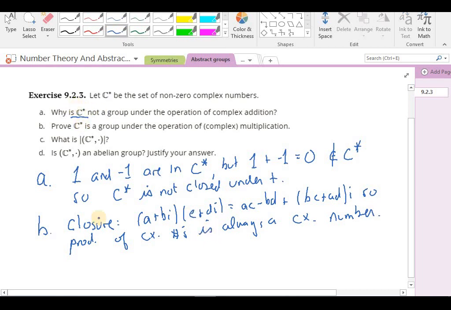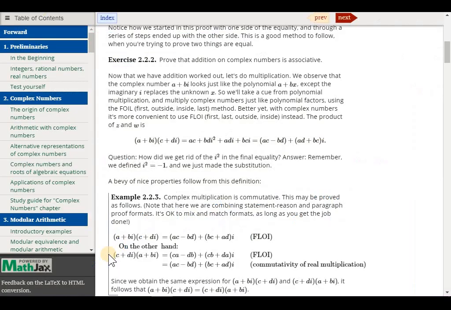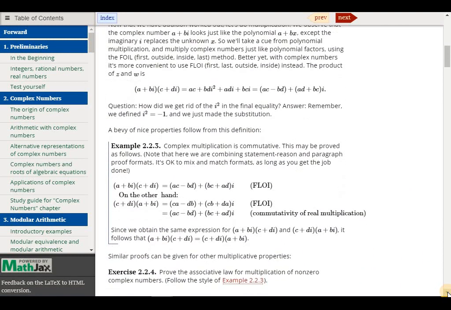All right. So the second one is associative. And here you can just go ahead and cite the exercise that mentions that complex numbers are associative. Let's see, this one says commutative. Let's go down here. Okay, so exercise 2.2.4.